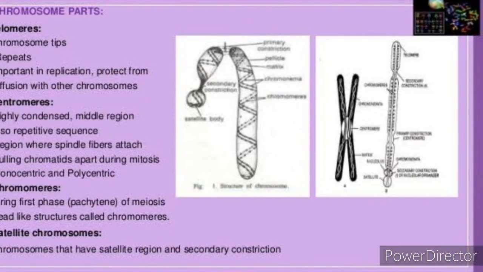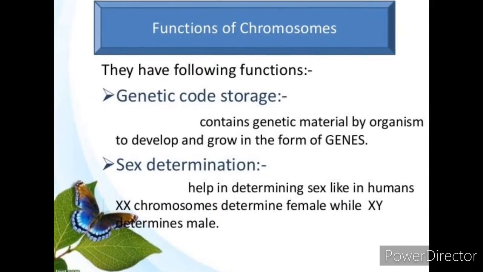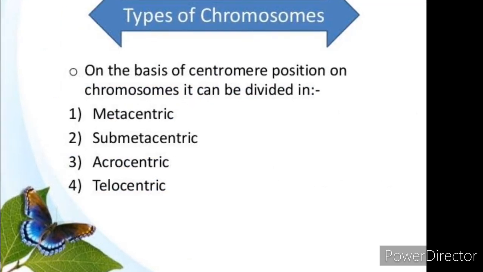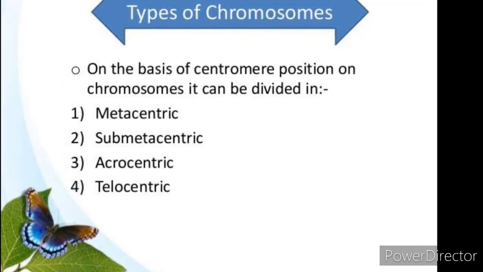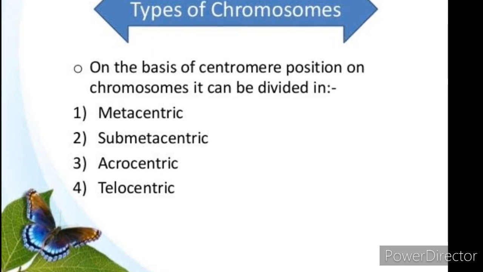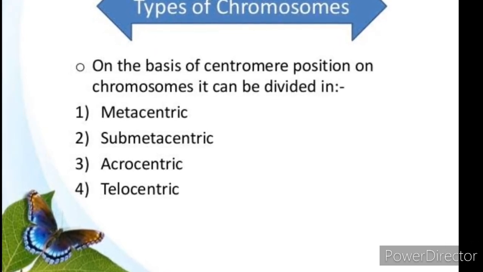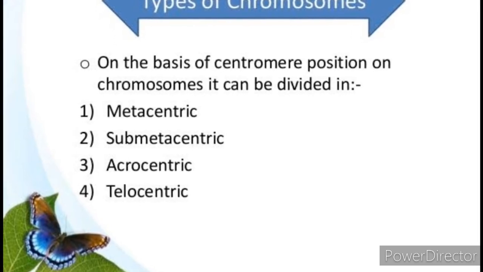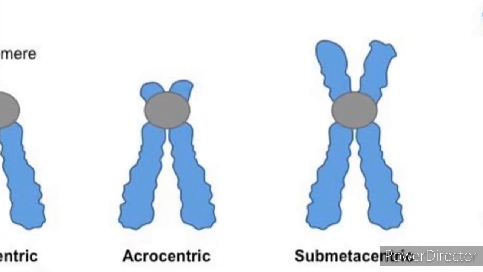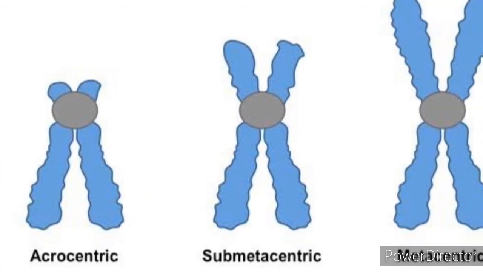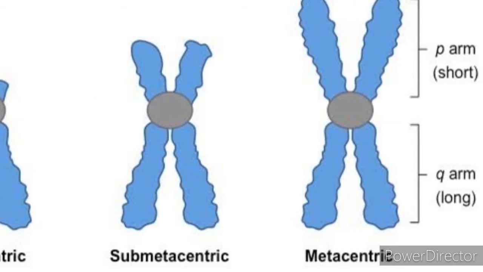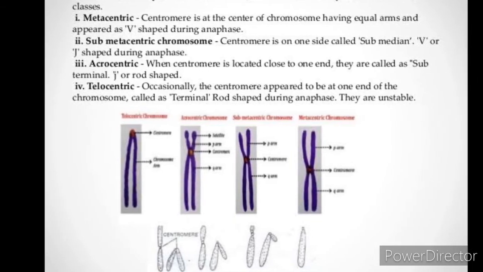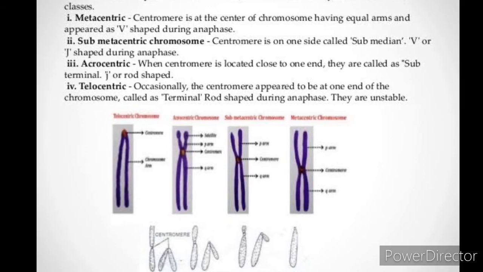Next, types of chromosomes based on the position of the centromere. Based on the position of the centromere, chromosomes are classified as telocentric, acrocentric, submetacentric, metacentric. Telocentric: the centromere is found at the proximal end. They are rod-shaped chromosomes, so only the Q arm is present, the P arm absent.